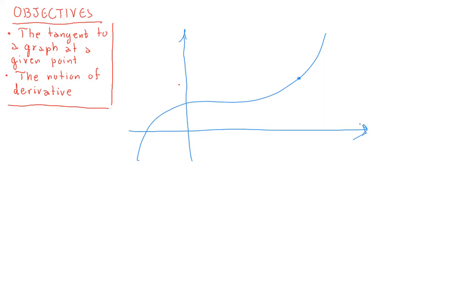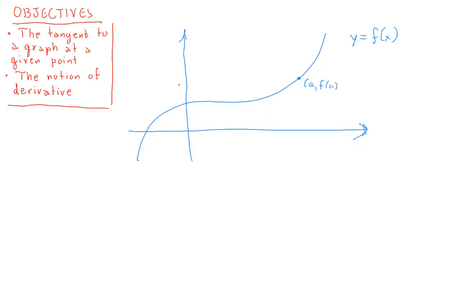So to fix ideas, let's say that the function is f of x. So we denote the graph by y is equal to f of x. In other words, it consists of points whose coordinates are inputs and outputs for the specific function. And then imagine that we fix a point on the graph.